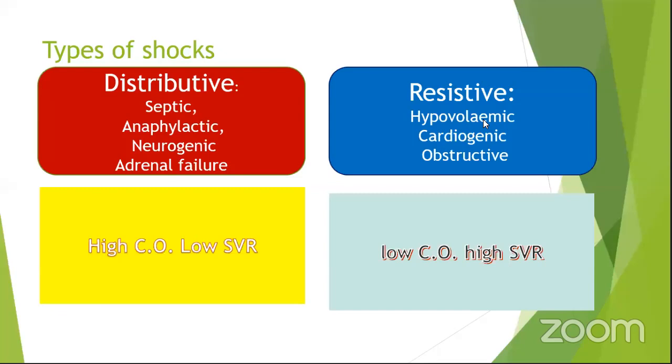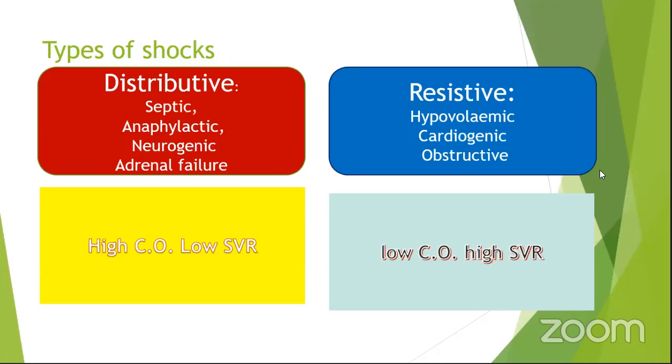But they try to compensate on the opposite side with high vascular resistance, because the heart is not pumping properly, the stroke volume is low. Like the patient with cardiac tamponade, the heart cannot pump a good stroke volume. Or the patient in cardiogenic shock also cannot give a good stroke volume. And even in hypovolemia, the preload is low, there is no stroke volume. So the body will try to compensate with high systemic vascular resistance, but there is low cardiac output.